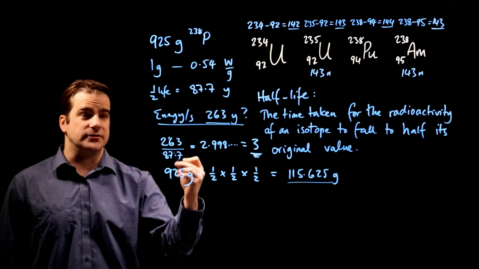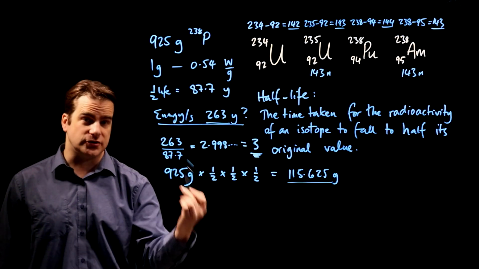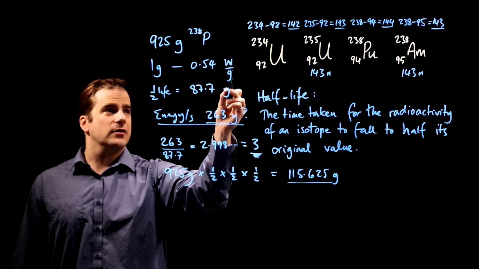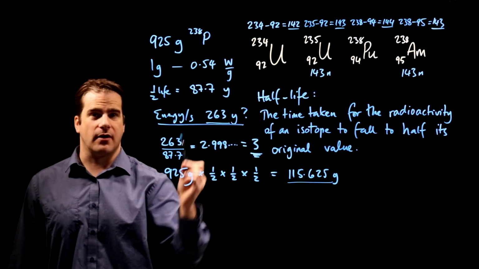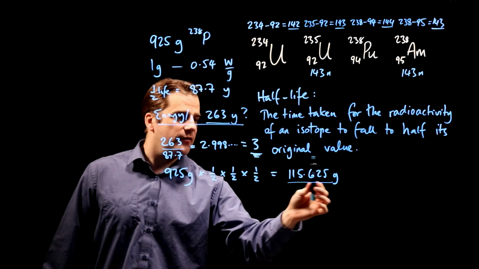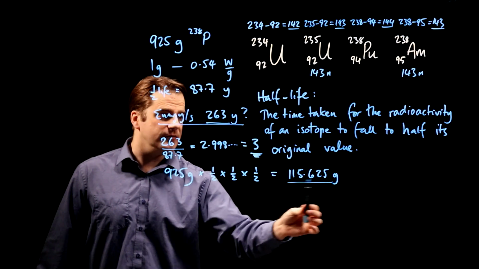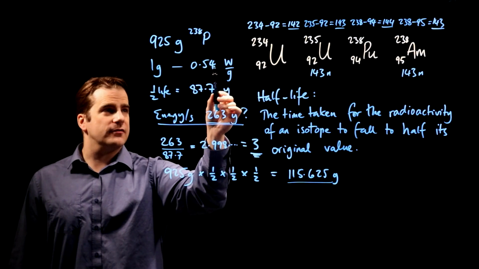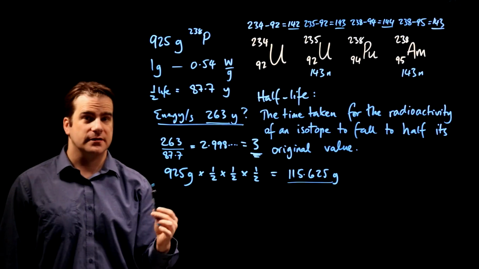Energy per second is joules per second. The unit of energy is joule. And they've told us it's 0.54 watts per gram. So we have 115 point something grams, and it releases 0.54 watts per gram.